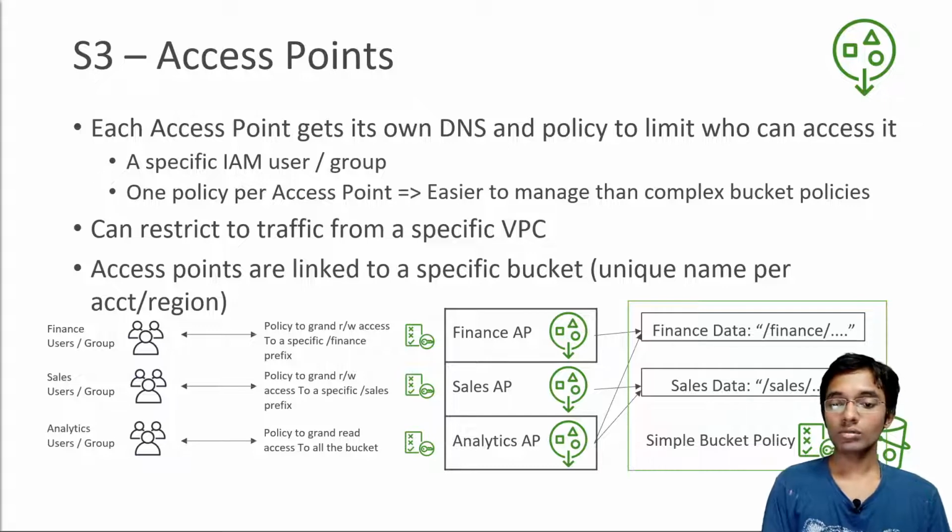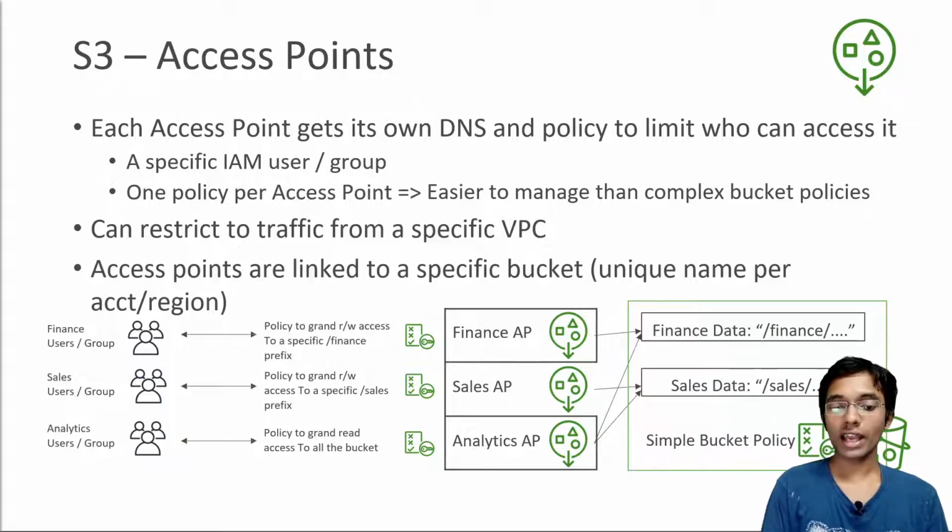Now the finance access point can have its own access policy, and this policy will grant read or write access to the finance prefix for the finance user group. Same for the sales access point: it will have its own policy to grant read or write access to the sales prefix.